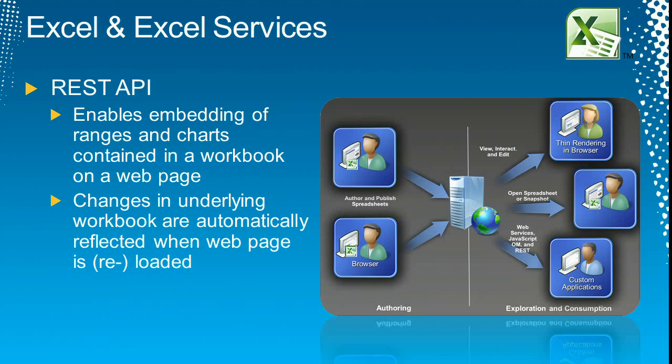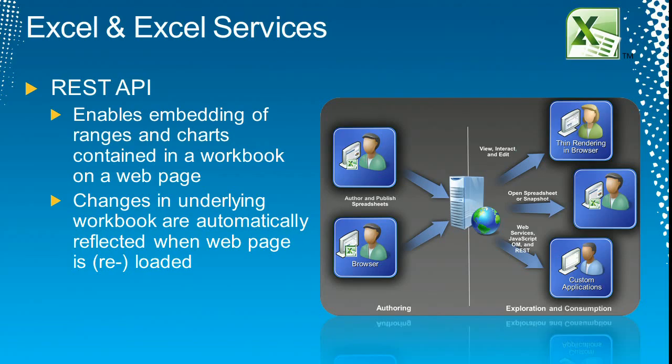So with Excel services, you can enable that by hosting the document on SharePoint Online and exposing some of the named ranges and charts using the REST API. So the REST API enables embedding of ranges and charts contained in a workbook on a web page using links.